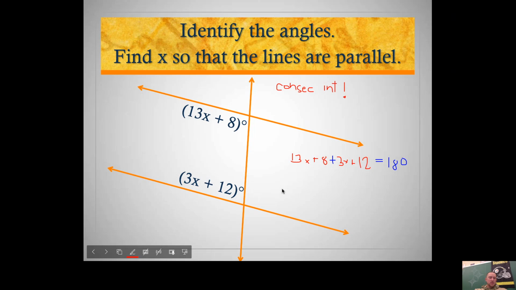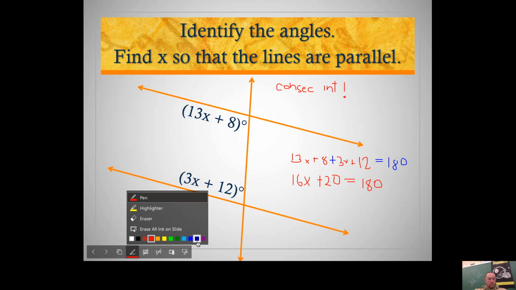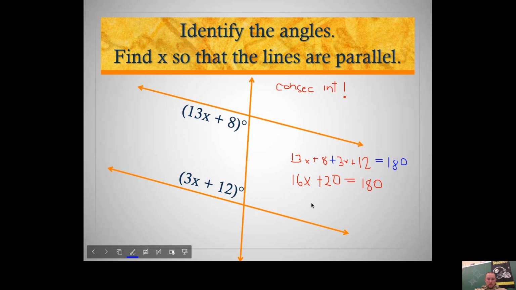So we're going to add 13x and 3x. We're going to add 8 and 12. And together, those are going to add up to 180. We're going to subtract 20 from both sides.